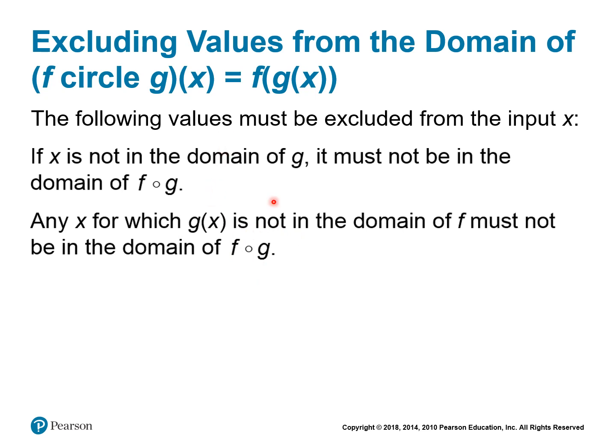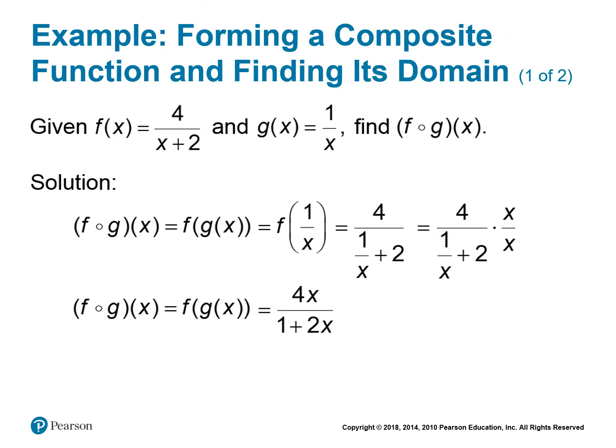So let's go through an example, and it'll probably be easier to explain through the example. Now here's an example of forming a composite function and finding its domain. As you will note, we are given two functions, and both are rational functions.